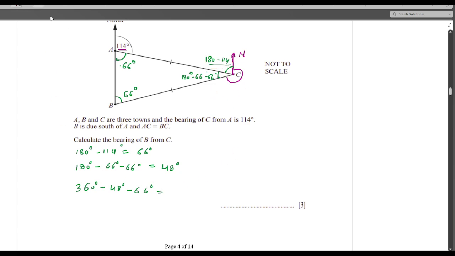So these two angles we subtract, and our result will be 246 degrees. So your bearing of B from C is 246 degrees.